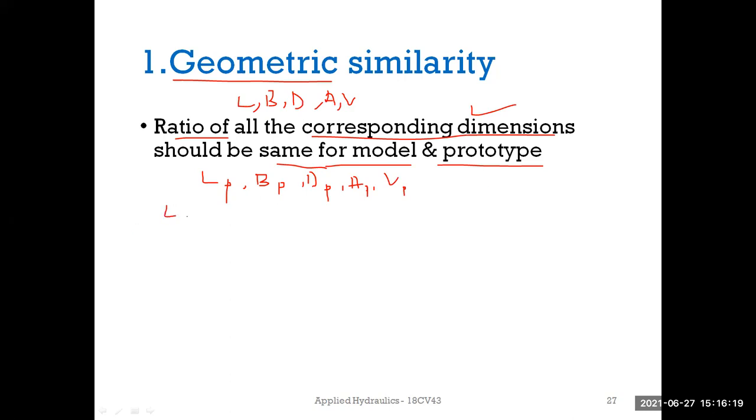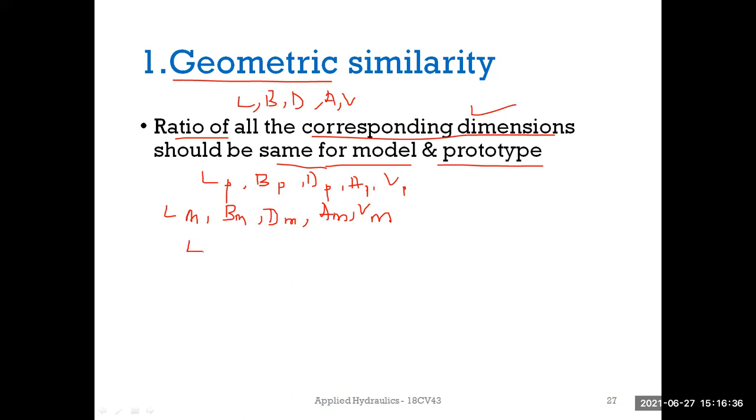Similarly, Lm, Bm, Dm, Am, and Vm are the length, breadth, diameter, area, and volume of the model.